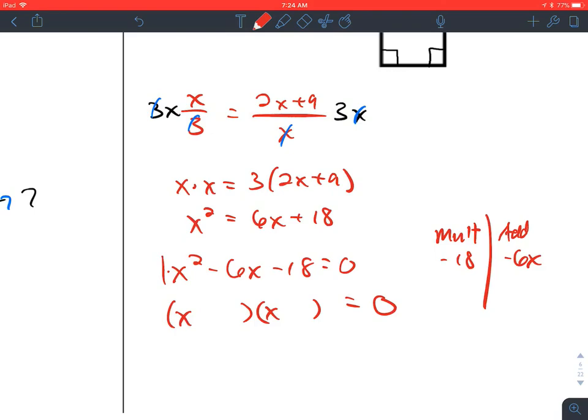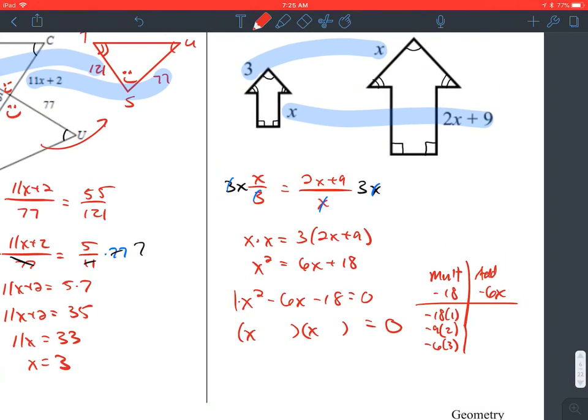Well, that would be, let's see. Negative 18 and 1, that doesn't work. Negative 9 and 2, that doesn't work. Negative 6 and 3, that doesn't work.